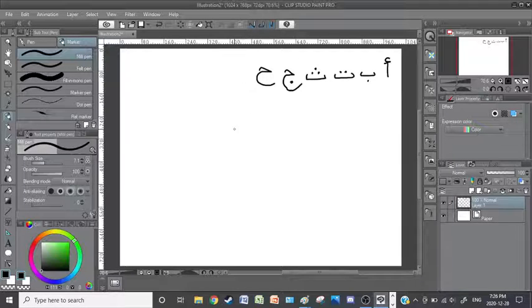Next letter is the same as the previous two, but the dot will go on the top here. This letter is normally transliterated as KHA. The letter is called kha. Kha.